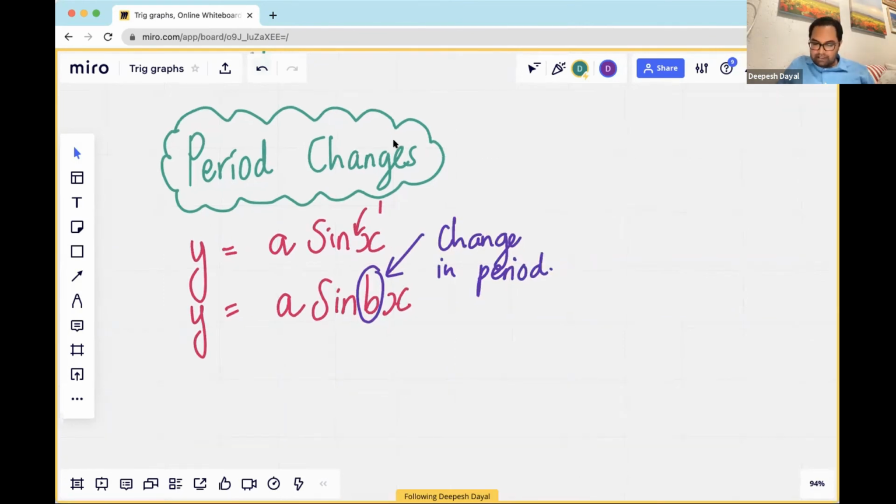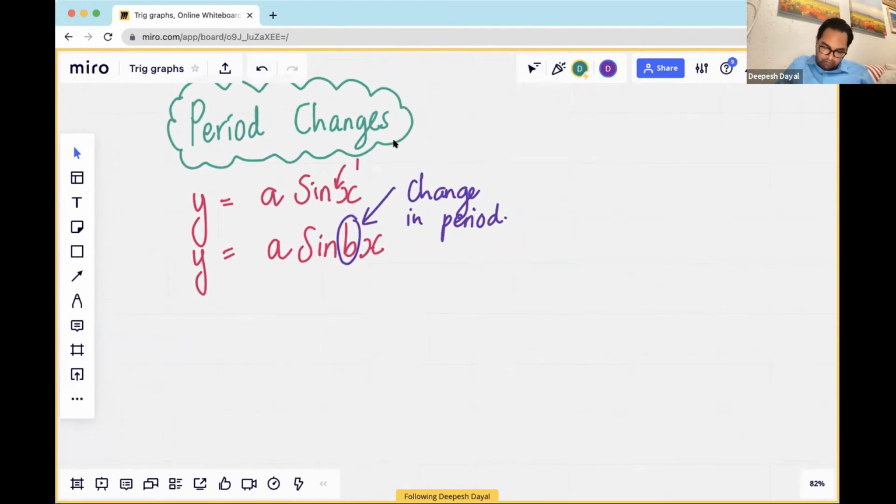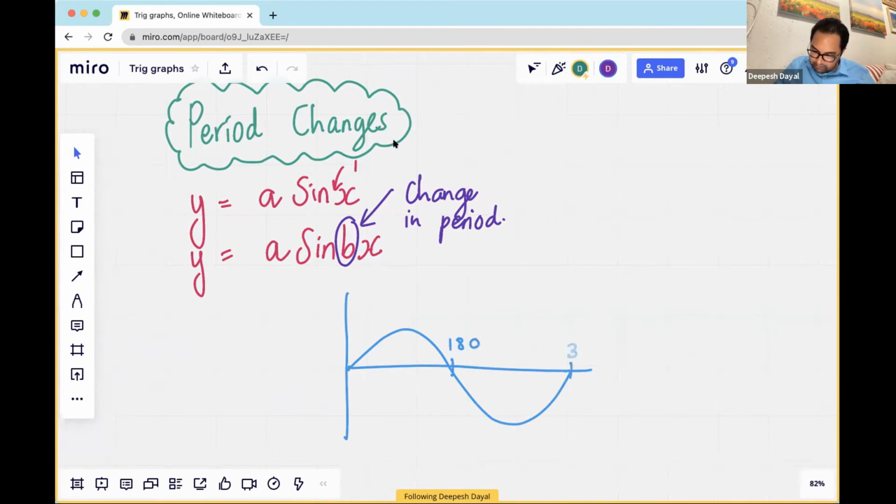Okay, so how does it change exactly, right? Let's look. Our original graph was, I'm going to draw another rough sketch here for you, like this. That was 180 and that was 360. And this was a sine graph, right?